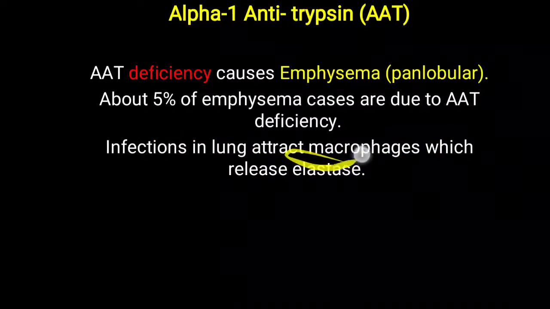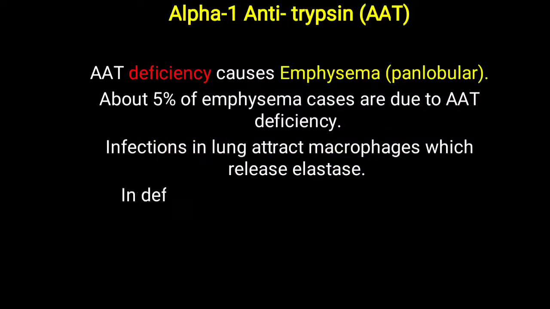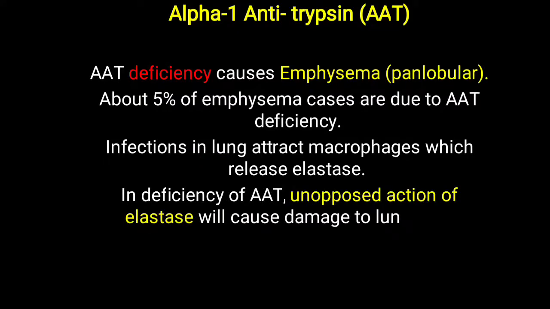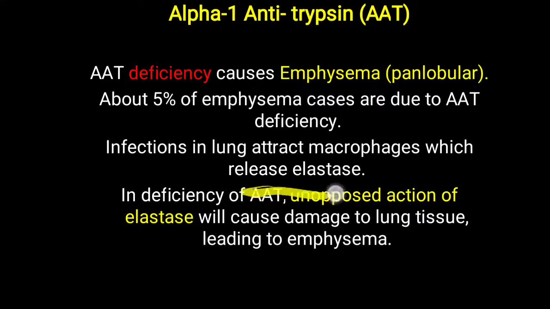That is very helpful and is an important function of the body. But in deficiency of alpha-1 antitrypsin, there is unopposed action of elastase. Elastase is released, and once its function is over, its action continues. This unopposed action causes further damage to the lung tissue. Apart from destroying the bacteria, lung tissue damage occurs if there is alpha-1 antitrypsin deficiency, and that leads to emphysema.